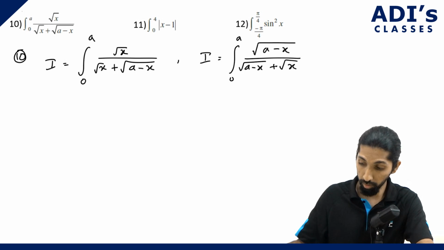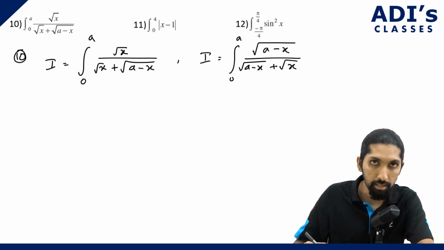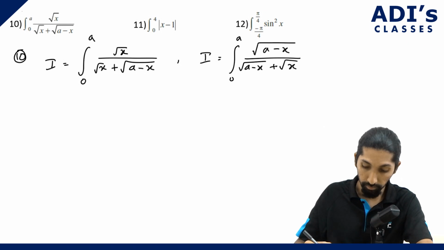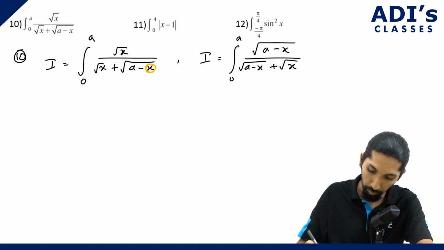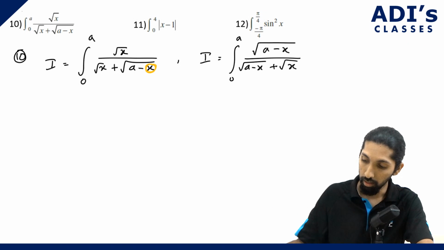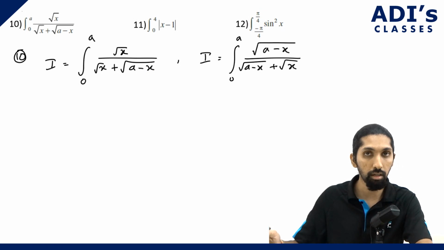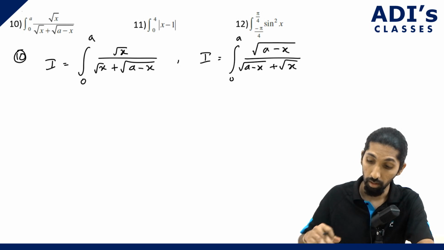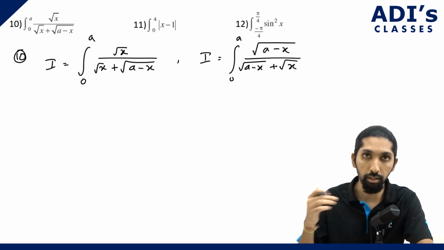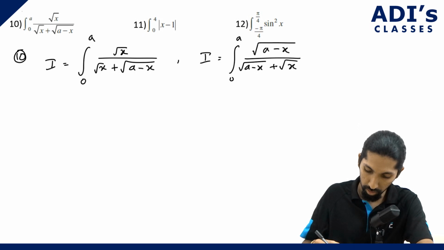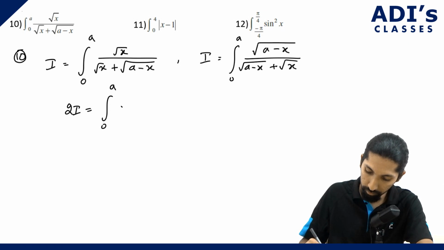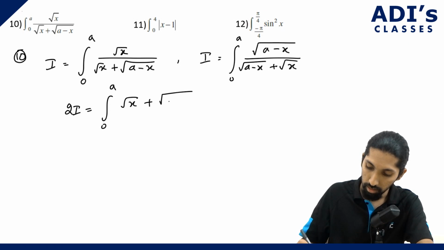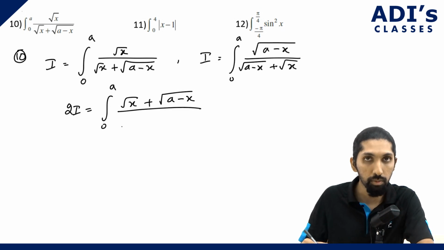What we just did is, wherever you have x, you put a minus x, correct? Even here, if you put a minus x, the a and a get cancelled, so you get this one, isn't it? Now what do we do? Add both the equations. That means you get 2I is equal to integral 0 to a of root x plus root of a minus x by a denominator that is one and the same, correct?